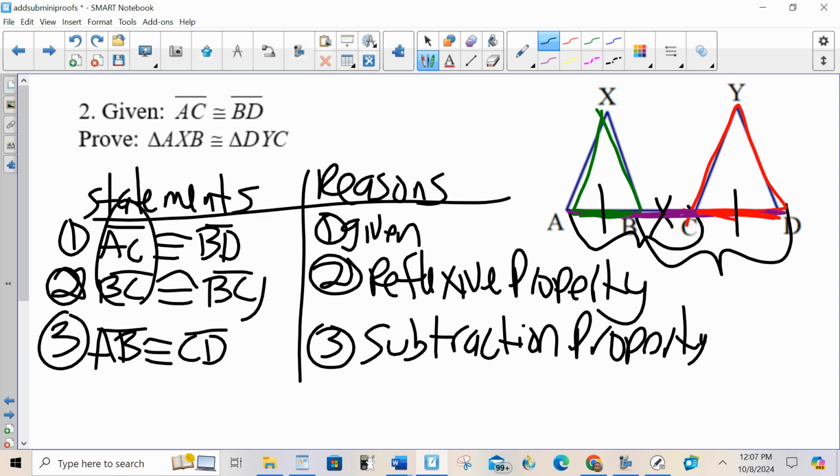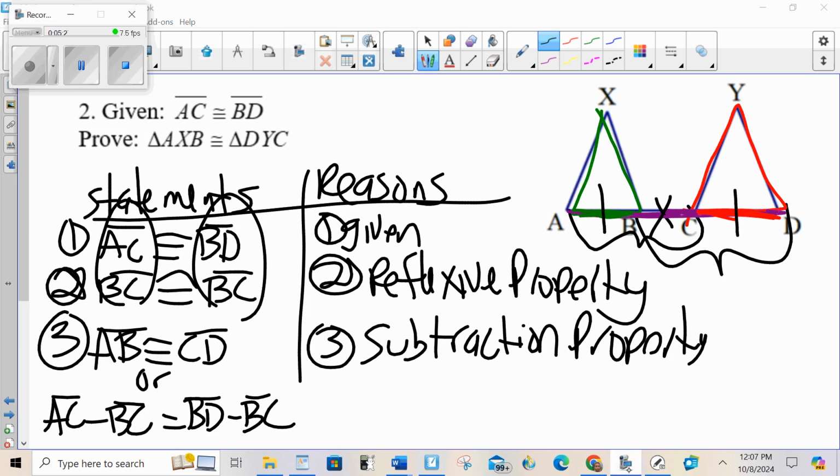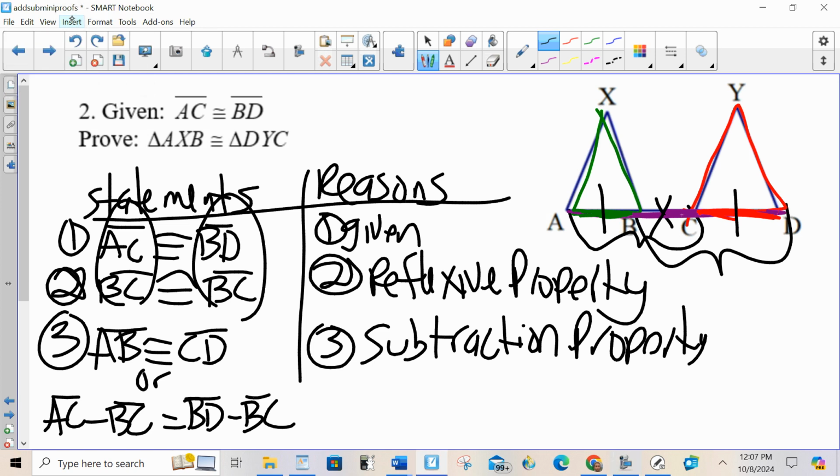And this is what I subtracted. AB was AC minus BC, and CD was BD minus BC. And that's subtraction property. All right, let's move on to angles now.